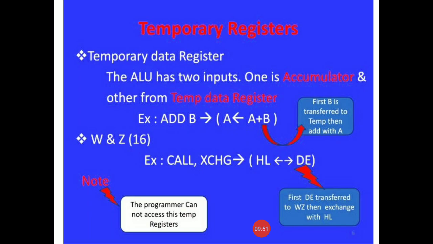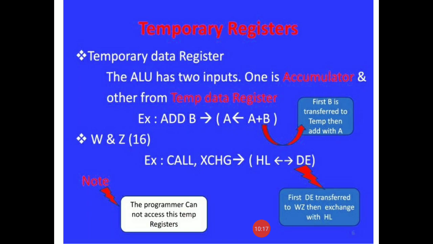Now I told you that ALU has two inputs, one from accumulator and the other from temporary data register. So this temporary data register is internally used for execution of most of the arithmetic and logical instructions.